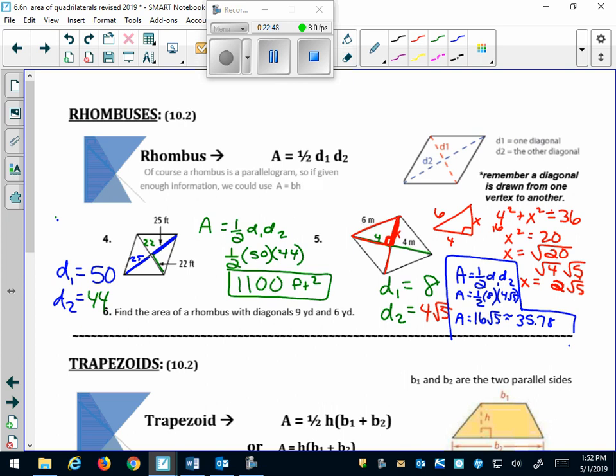And this is square meters. So keep in mind that with rhombuses, perpendicular diagonals make right triangles, and we might be needing Pythagorean theorem for that.